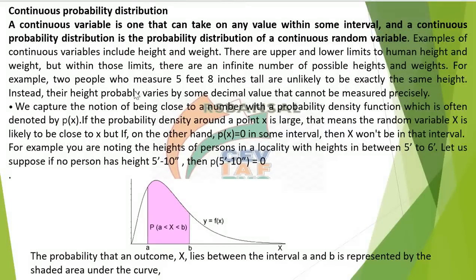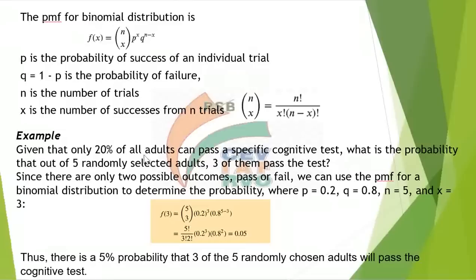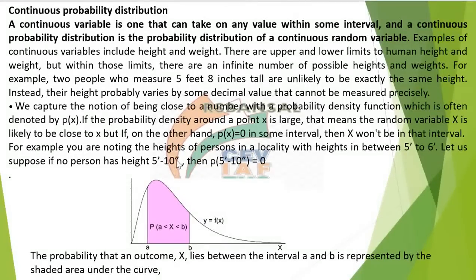So one person may have a weight of 60 kg and the second person, of the same height of 5 feet 8 inch, a weight of 60.1 kg. We denote it with P(x).